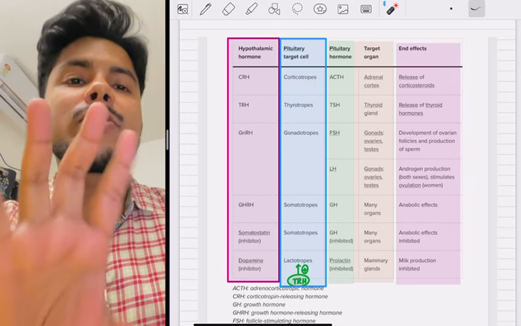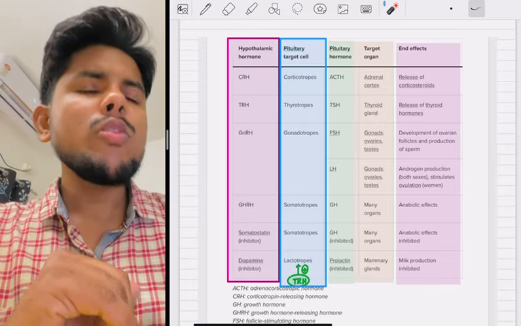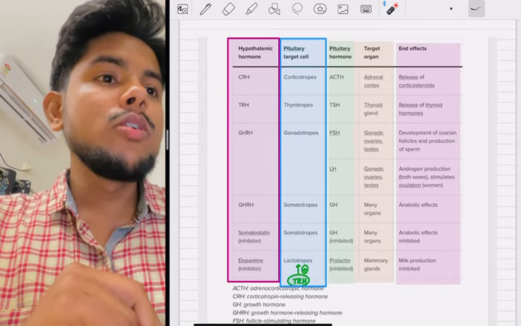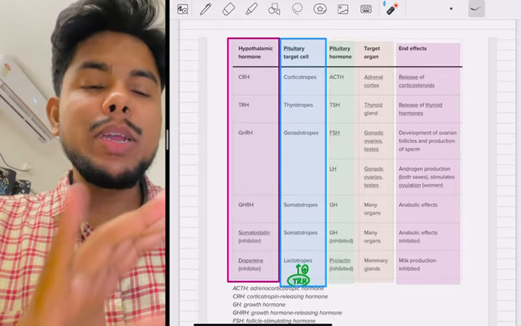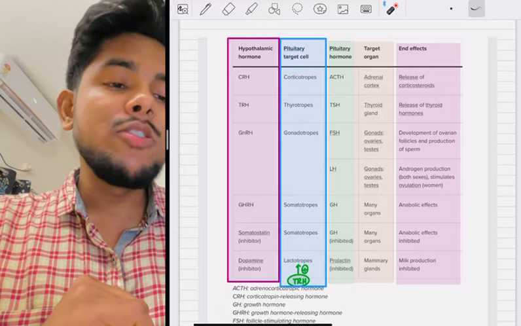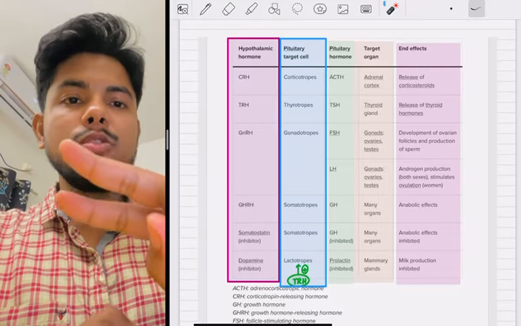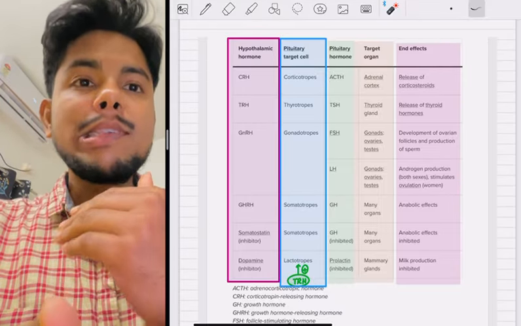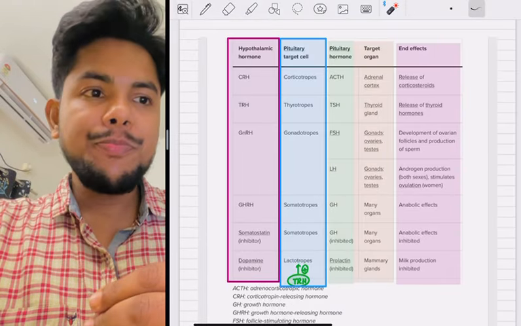From 5 cells, 6 different hormones are released. Why 6? Because the gonadotroph releases 2 hormones, one is FSH and another is LH. Am I clear with this? And the posterior pituitary gland releases mainly 2 hormones, one is oxytocin, another is vasopressin or ADH.